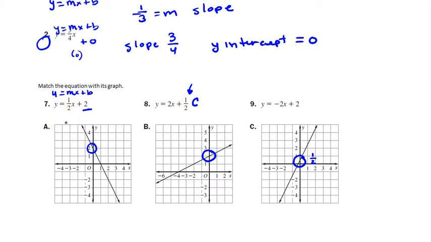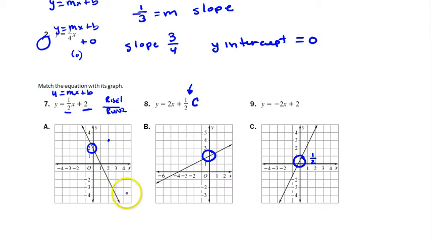So let's go back to number 7. It could be either A or B. We're looking for a slope of 1/2. That means that I'm going to have a rise of 1 and a run of 2. So let's see if that's true. If I go up 1 and over 2, this would be the next point on the line, which clearly isn't true of that line.